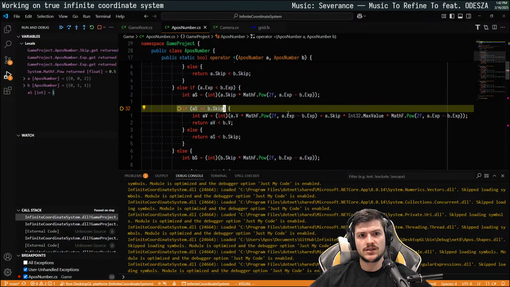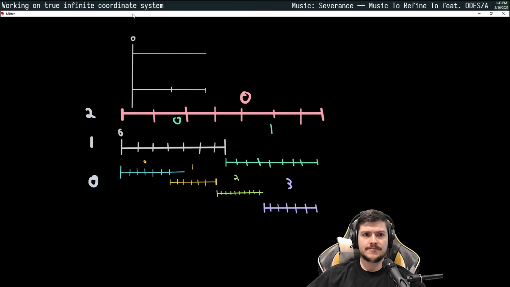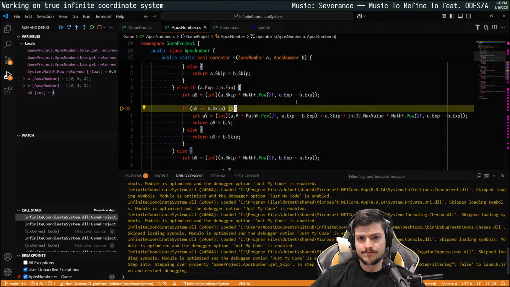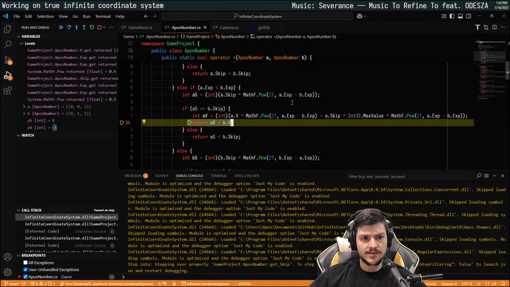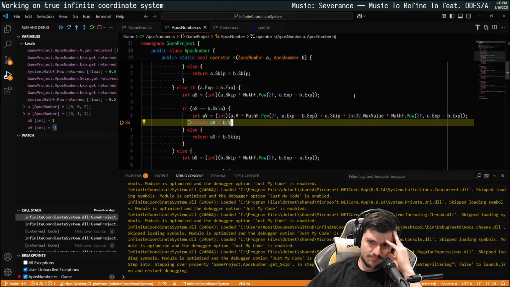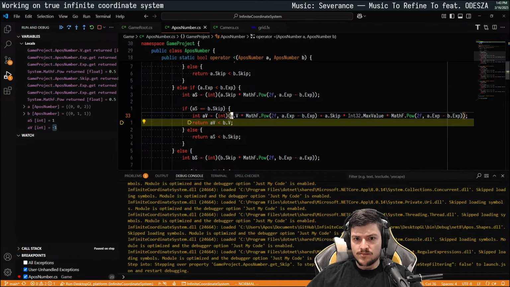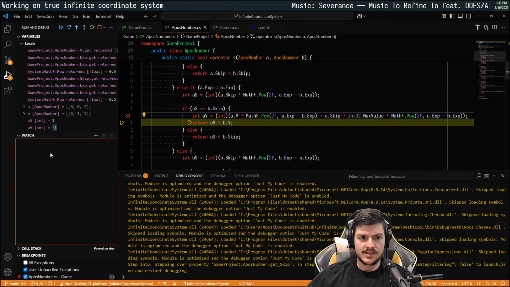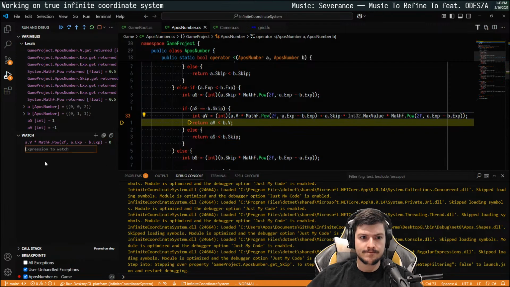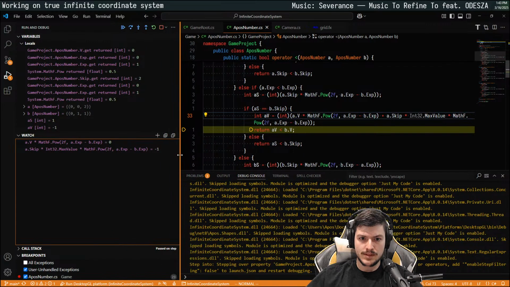AS equals 1, which is correct. B skip is also 1, so they are equal. AV is -1. Let's start here. This should be 0, right? Yeah. What about this part? -1.